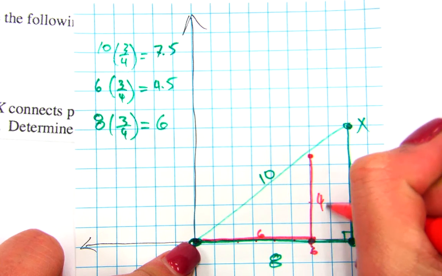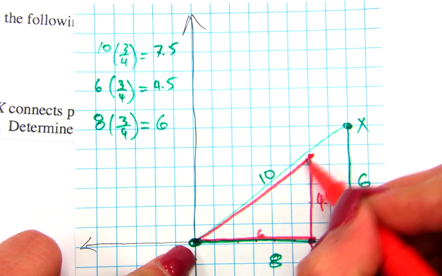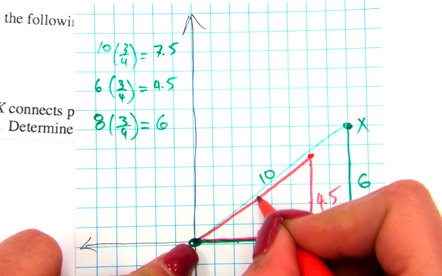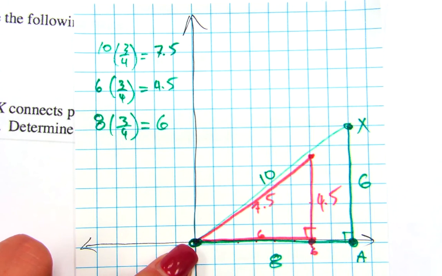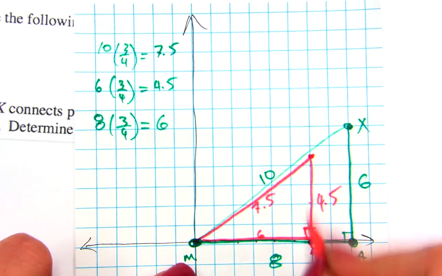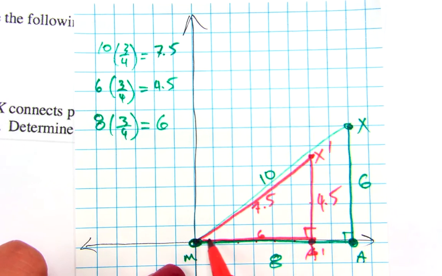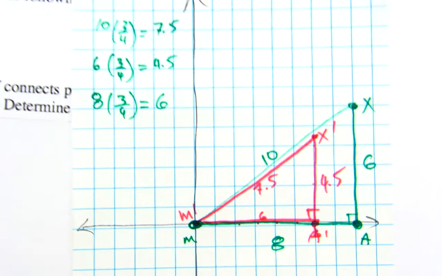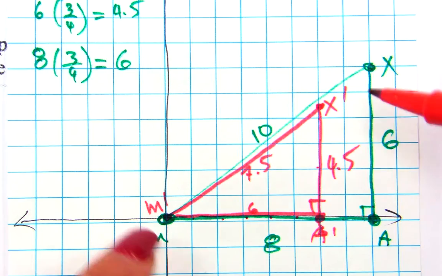This whole length is 4.5, and that probably should have gone through it, but that's okay. This just so happens to be 7.5 now. So that's your next triangle. That's A, so this is going to be A prime. That was X, so this is going to be X prime, and technically this is now M prime. So there's your dilated triangle with the scale factor of 3/4 off your original triangle.